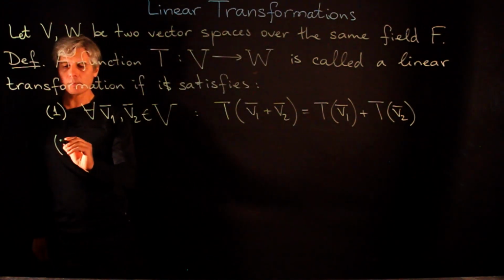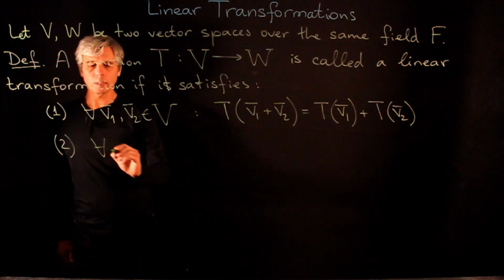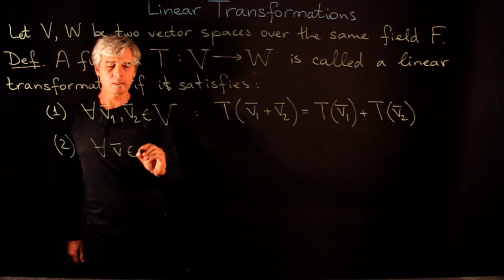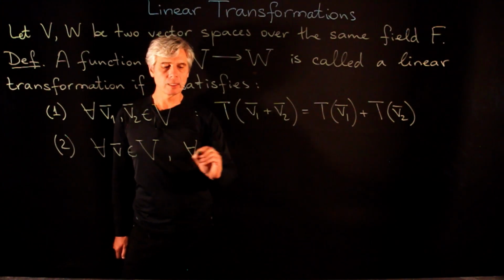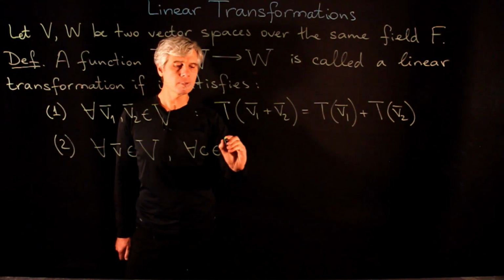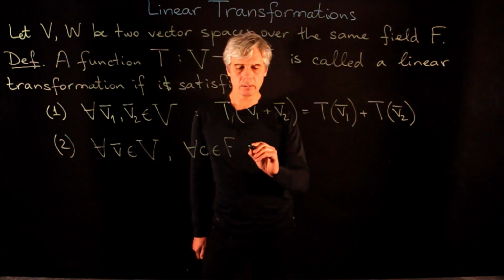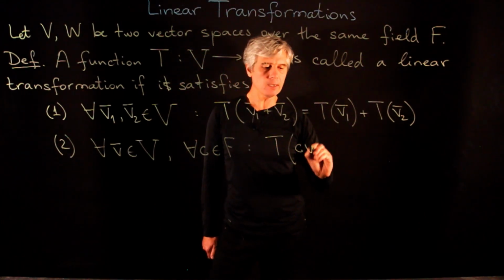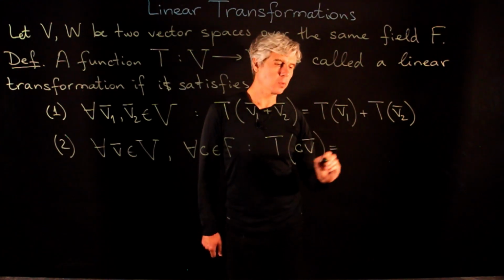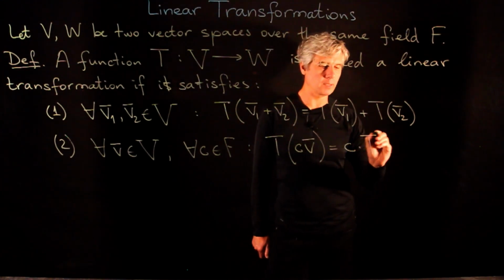And the second property, for all V in V and all scalars C in F, we have that T of C times V is equal to C times T of V.